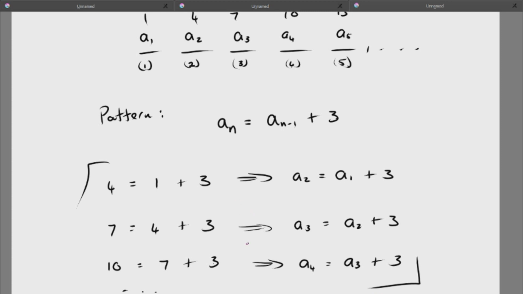So our first goal is to understand how we're saying this pattern. And we're going to call that a recursive formula. Recursive because it's using terms that happened previously. That's recursive.